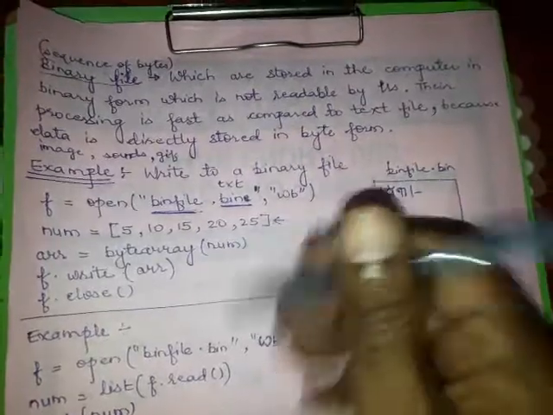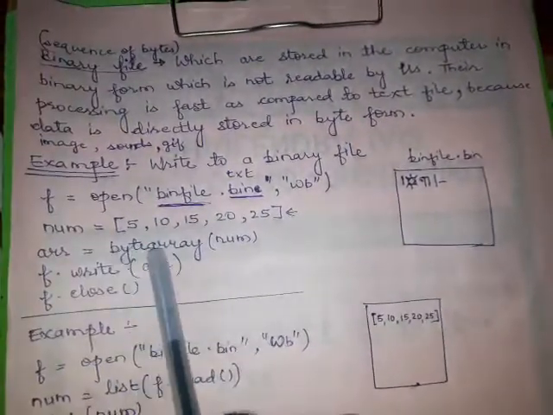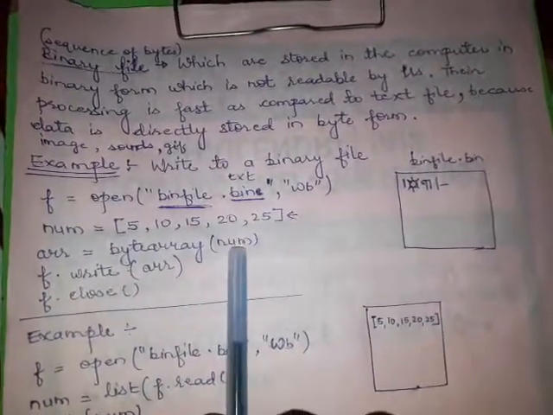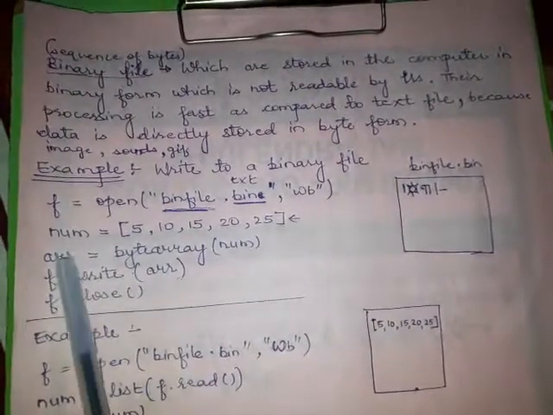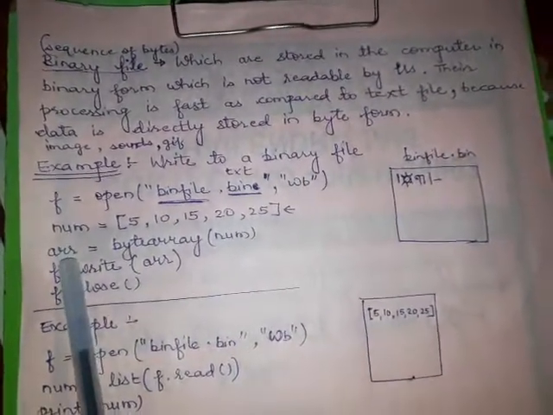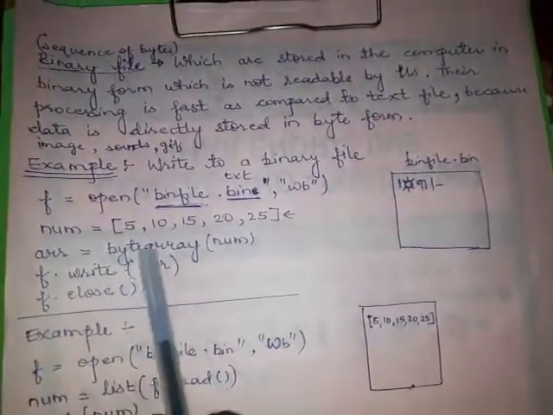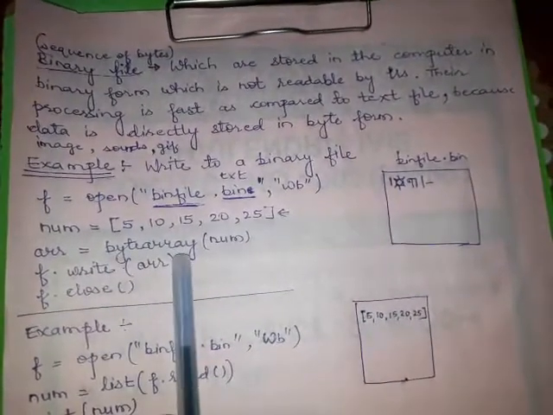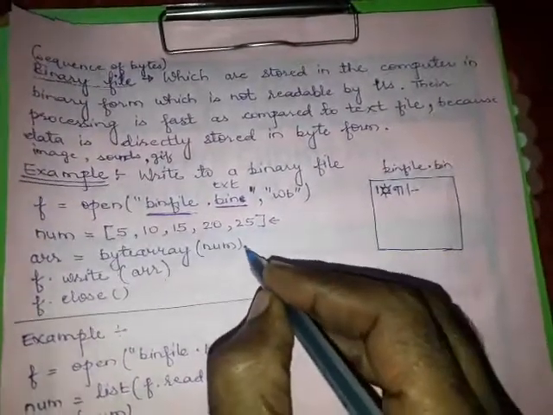It is not in the form of byte, so we have to convert this list into a byte array. We are using here the bytearray function, which converts our list num into the byte form, and this byte form is stored in a variable arr. So this is the method to convert a list into the byte form. Bytearray converts the list into a stream of bytes.